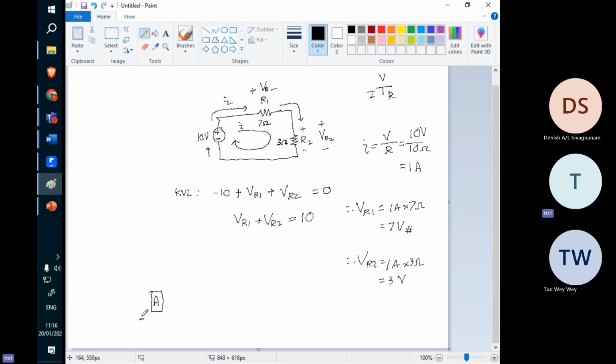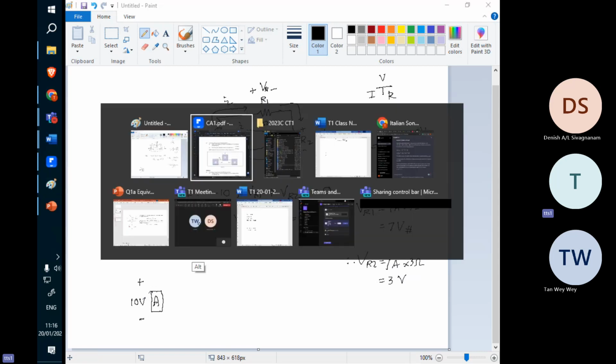Positive is here, negative is here. We also let them know the voltage, 10 volt. But we hide this component. We name it element A, just like this circuit, element A.